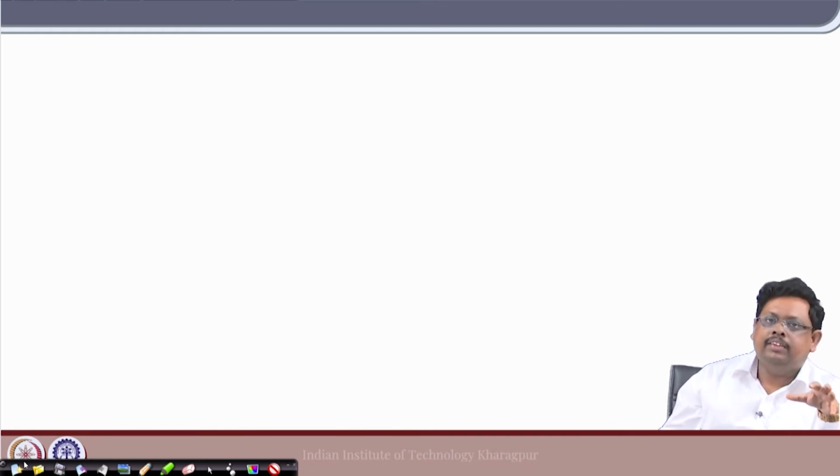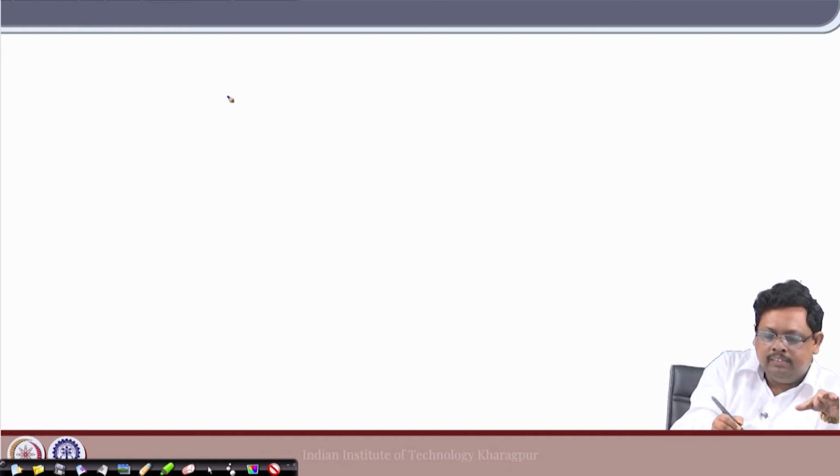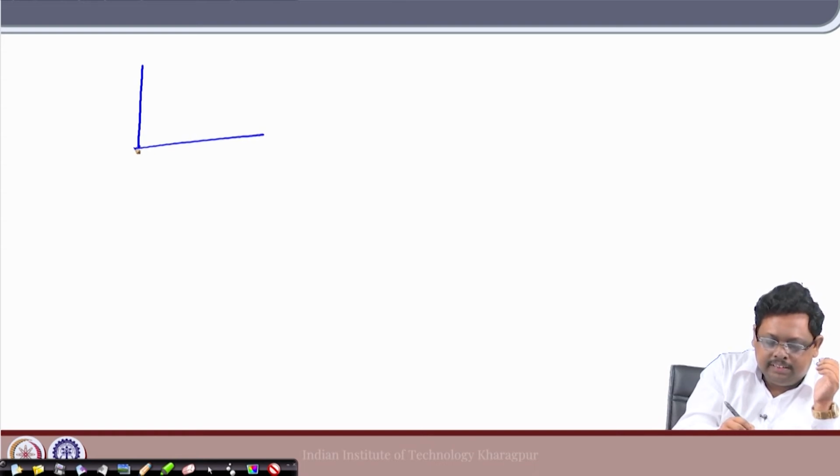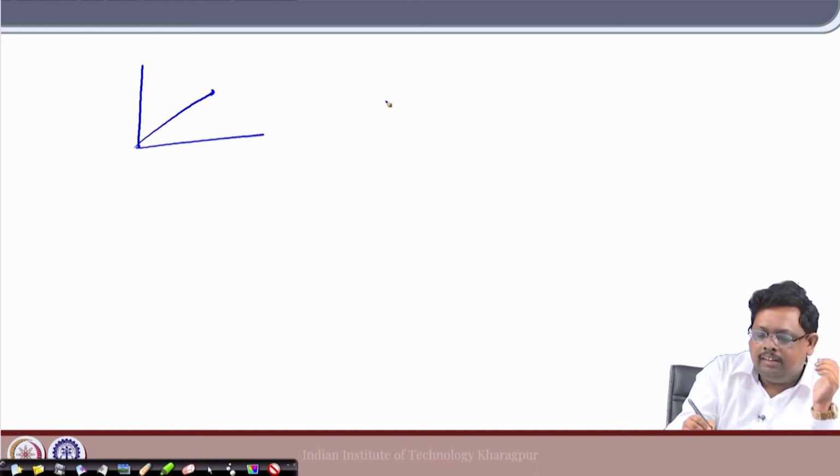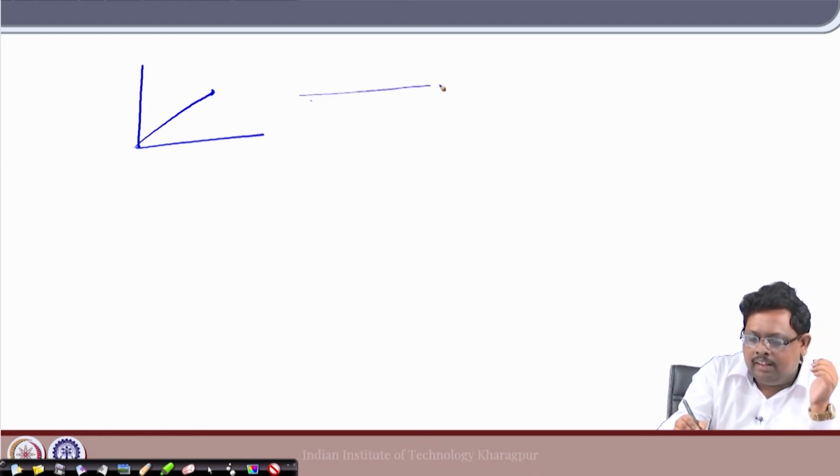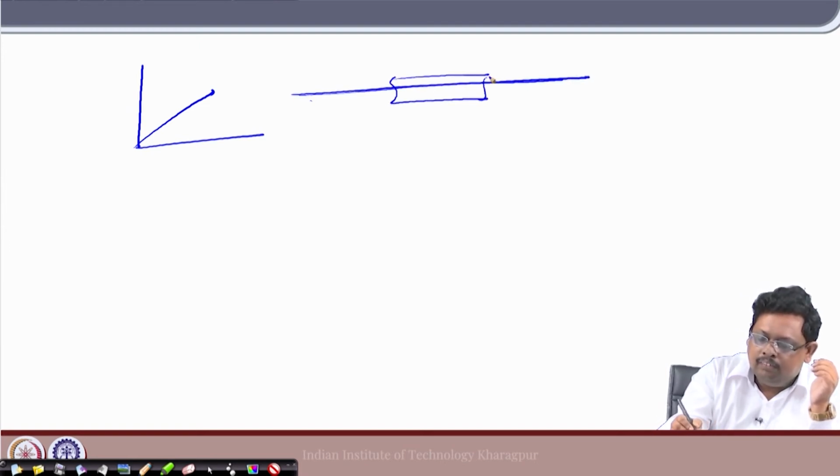Now, here we need to define two reference frames. One reference frame is the Earth's fixed system, and then we can draw another reference frame, let us say on the ship, which is moving with a velocity U with the ship.